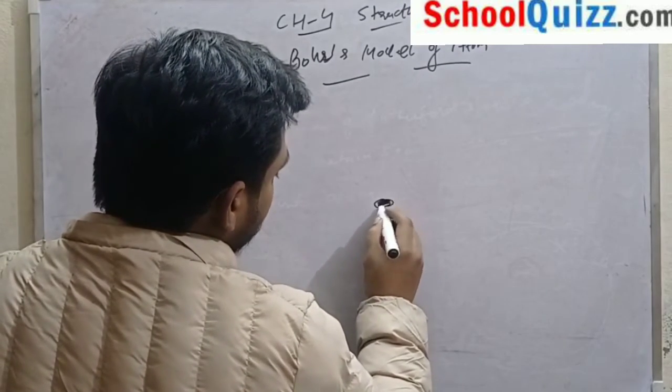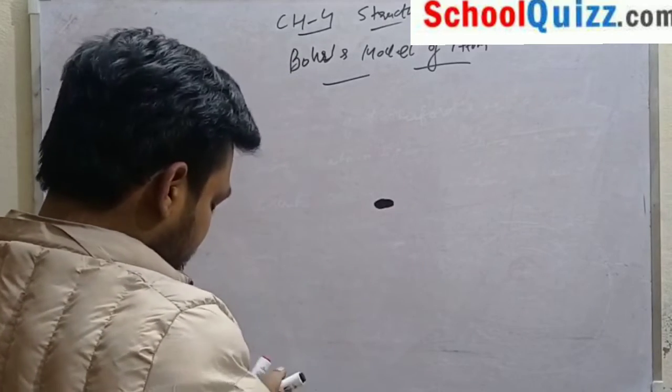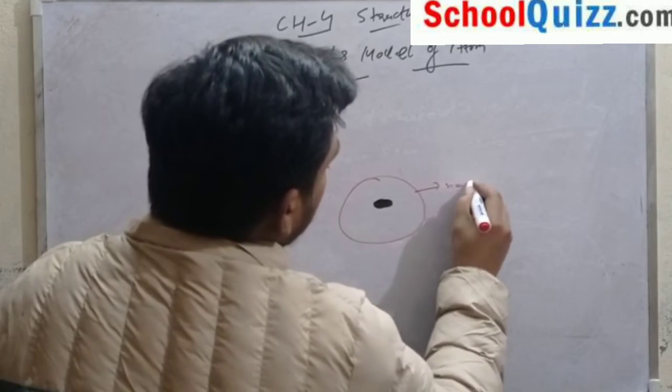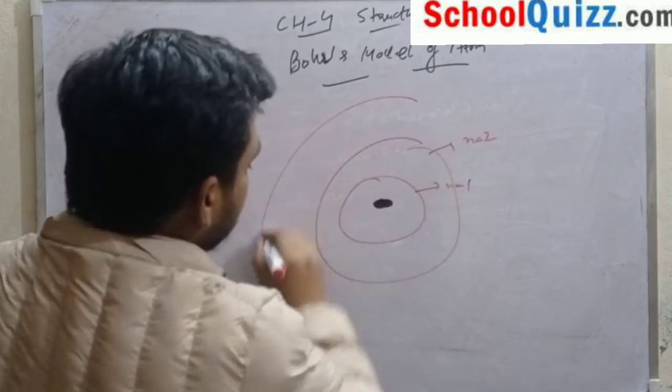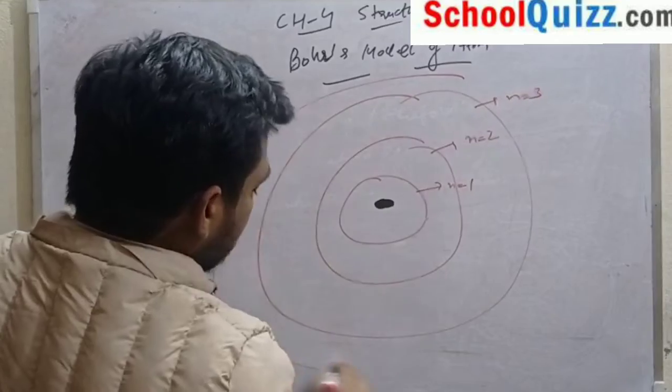Suppose this is our nucleus. And suppose it is like n equal to 1, n equal to 2, n equal to 3, and n equal to 4.